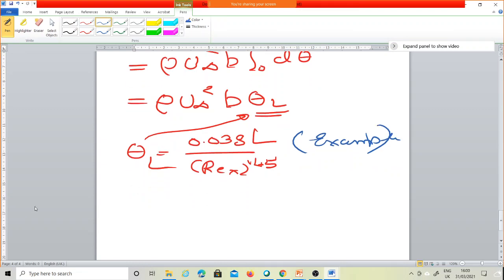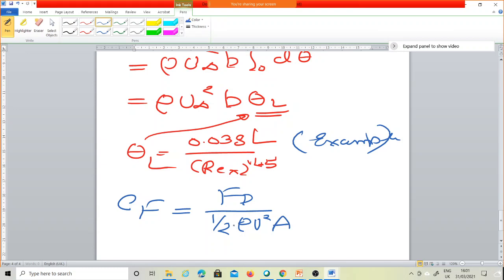And as I said last time, we have the local frictional coefficient. We have another one, the capital F, which is the average skin friction. Average skin friction is FD, the drag, divided by half rho U square A. We have this area here for the average.